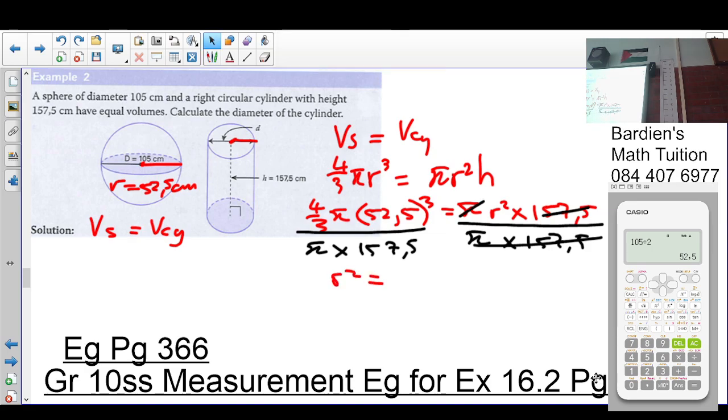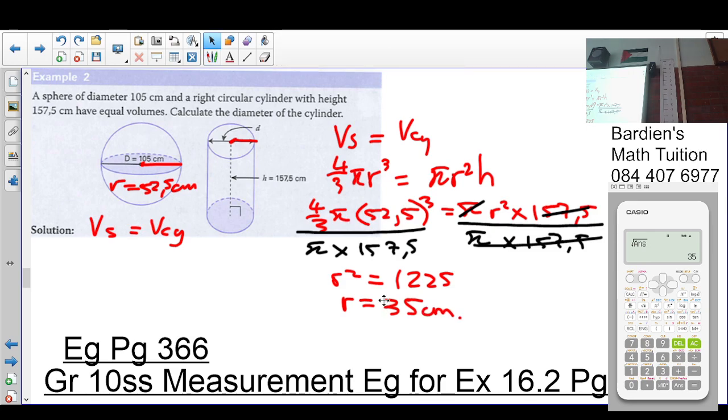So r squared is equal to 4 over 3 pi times 52.5 cubed over pi times 157.5, which gives you 1225, and the square root thereof is 35 centimeters.